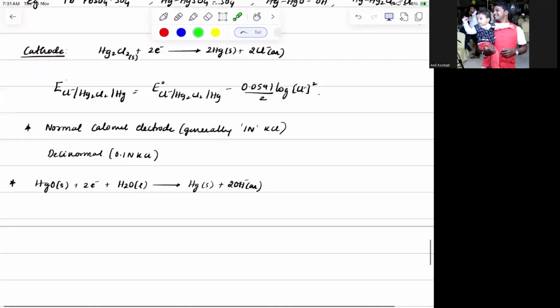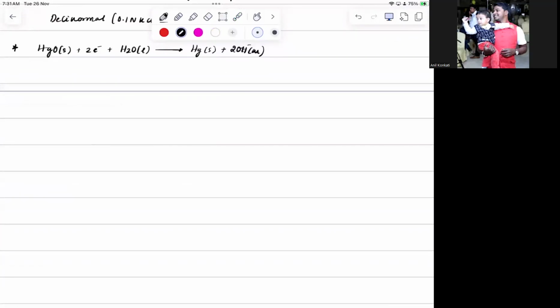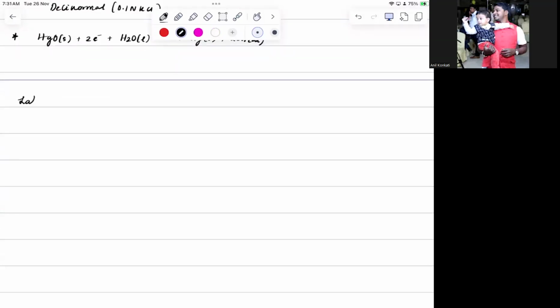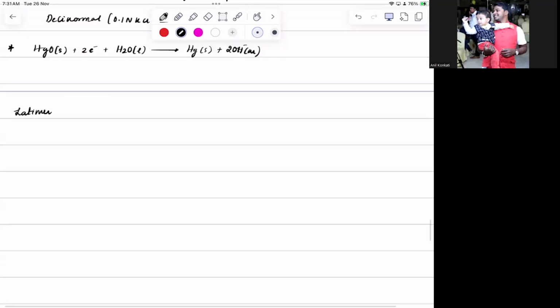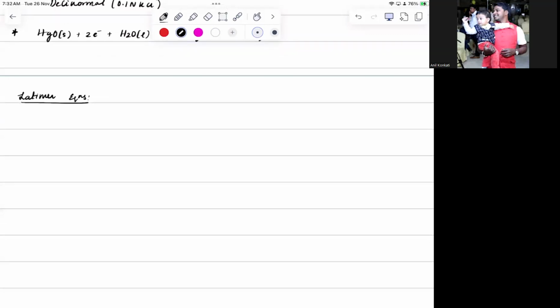Okay, next. Before going further into the next cell, one very important aspect we need to learn is the Latimer equations. Suppose you have a reaction where half reactions are taking place: Fe3+ plus 3 electrons gives Fe.